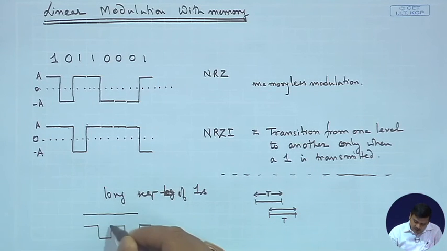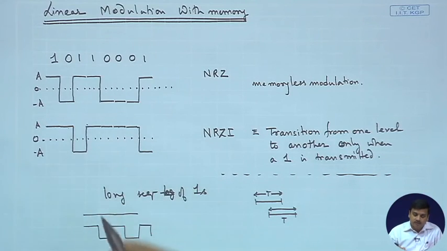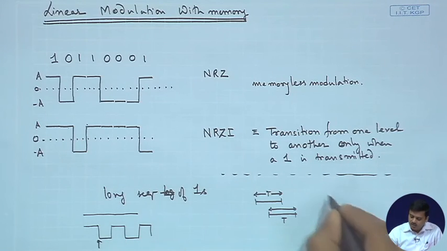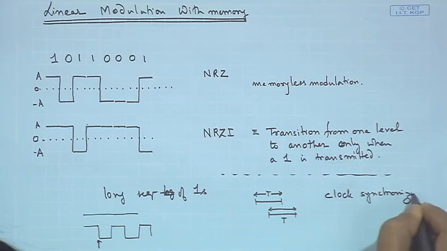Now, if there are transitions, the receiver can easily identify that this transition means the bit has changed. So, whenever there is a transition, it will synchronize the clock. So, it will help in clock synchronization.